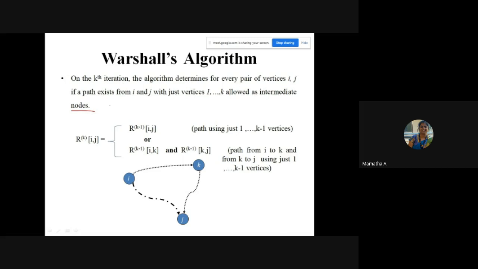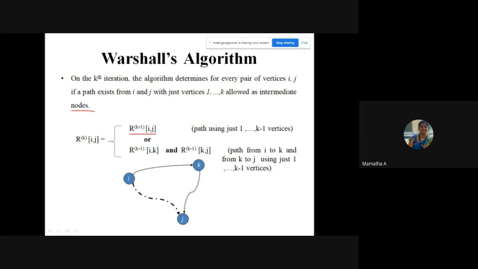Very simple. Rk (i, j) is equal to, so what do I write? Rk minus 1 (i, j). What does it mean, students? What does it mean if I write Rk (i, j) is equal to Rk minus 1 (i, j)? It means a path exists between i, j going through which vertices?